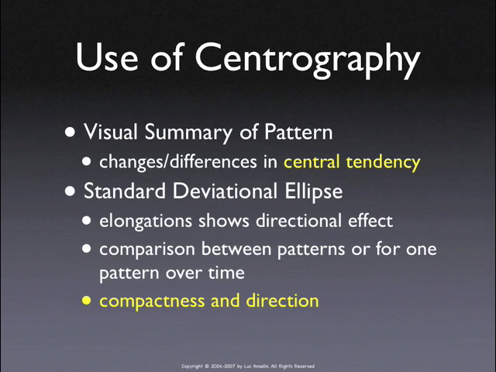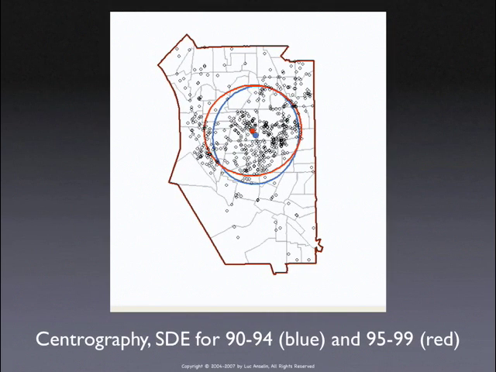And just to illustrate this with our Buffalo data, it's very straightforward. I split the pattern into the pre-95 and post-95 period, so cut it in half, and say we're interested in finding out: is the patterning in the first half of the decade the same or different from the patterning in the second half?